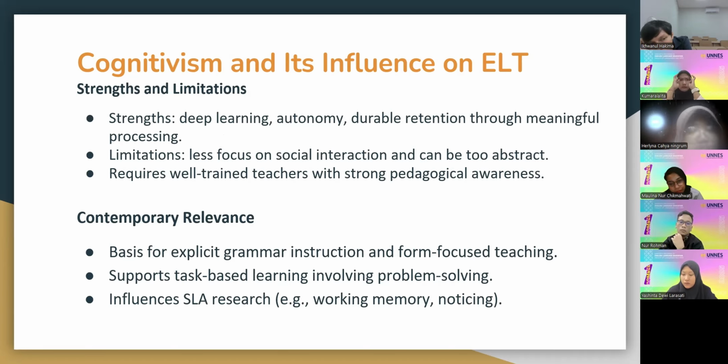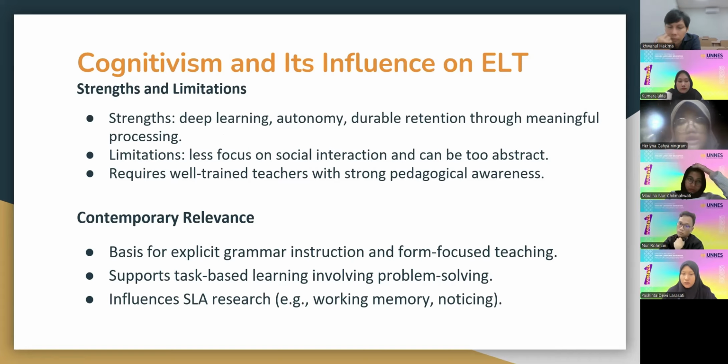There are strengths and limitations of cognitivism. The strength is that it encourages deep learning, learner autonomy, and long-term retention through meaningful processing rather than rote memorization.